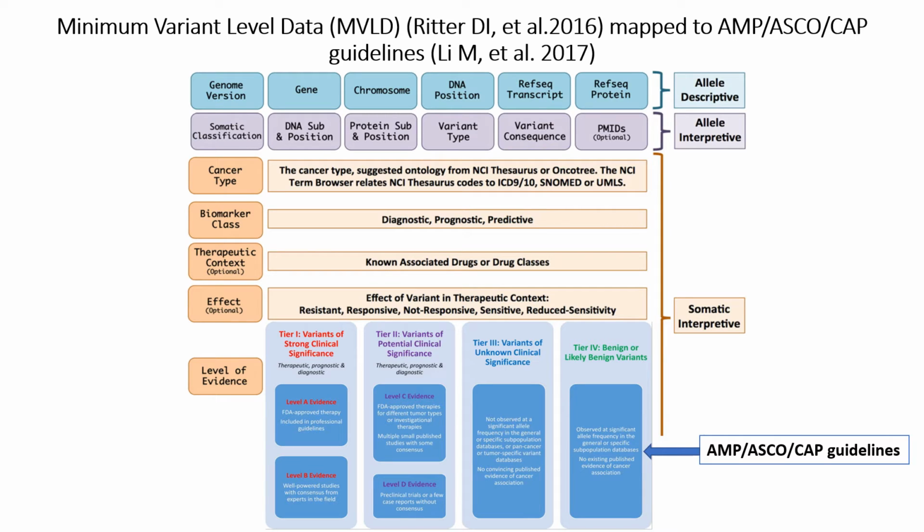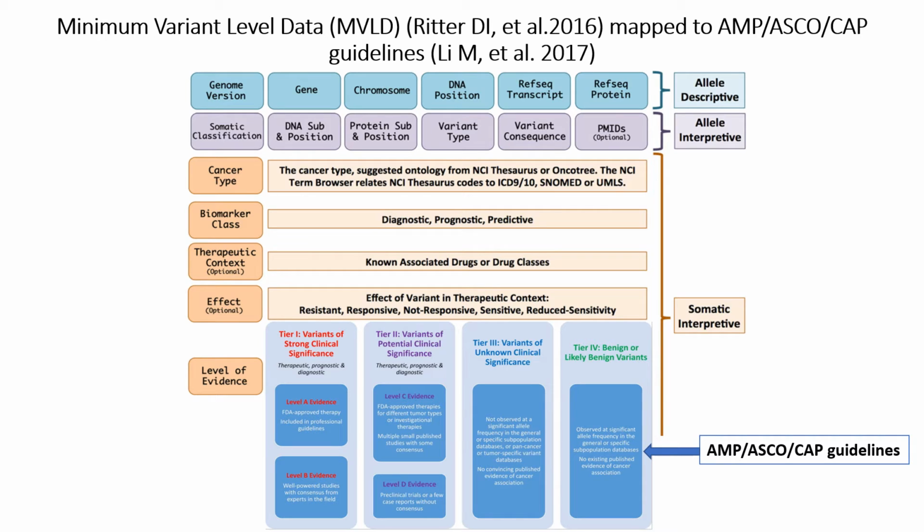The third section is the somatic interpretive section and contains the most clinically relevant data, such as the cancer type, whether the variant is diagnostic, prognostic, or predictive, the therapeutic context of the variant, and the effect of the variant within that therapeutic context. Finally, in the levels of supporting evidence subsection, we have incorporated the recommendations jointly published by the Association for Molecular Pathology, American Society of Clinical Oncology, and College of American Pathologists.